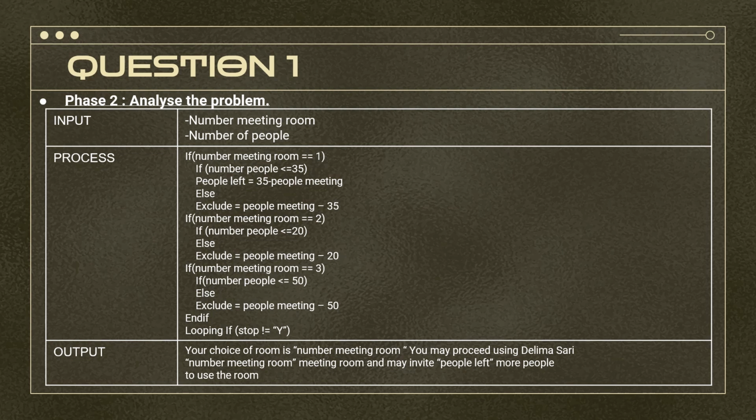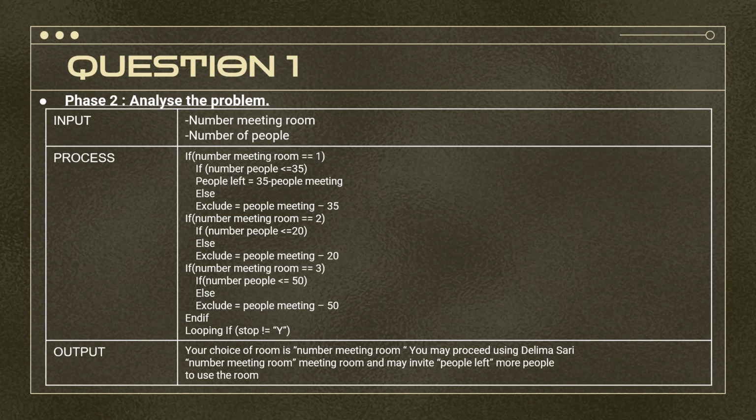For the process, if number meeting room is equal to 1, and if number of people in meeting room 1 is less than 35, people left is 35 minus people meeting. Else, exclude equals people meeting minus 35. And then if number meeting room is equal to 2, if number of people in meeting room 2 is less than 20, else exclude equals people meeting minus 20.